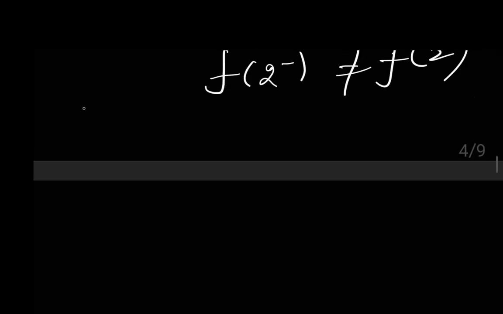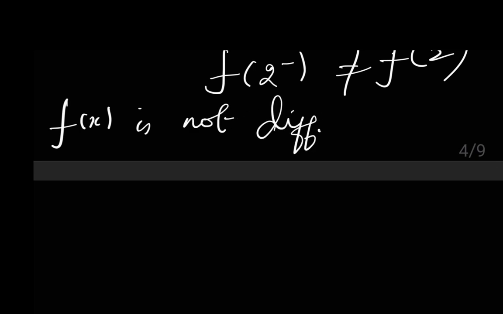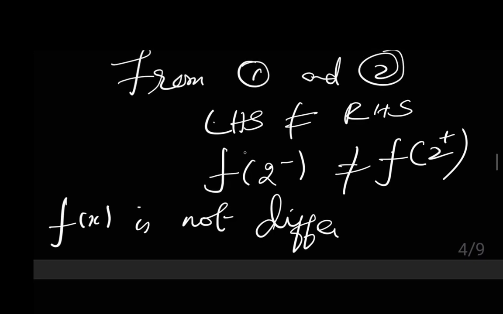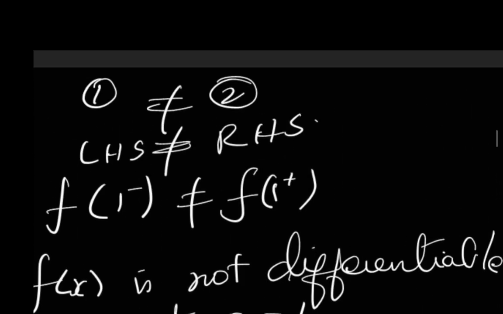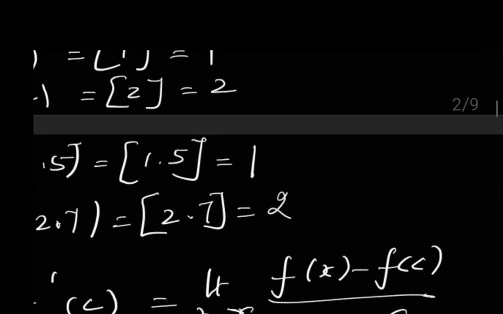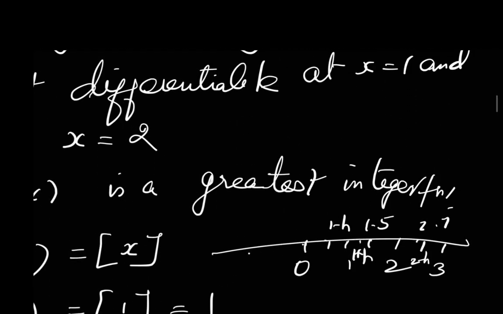Therefore, f of x is not differentiable, f dash is not differentiable at x equal to 2. This is the answer. So just have an idea, go through this. You can get it easily. Thank you.